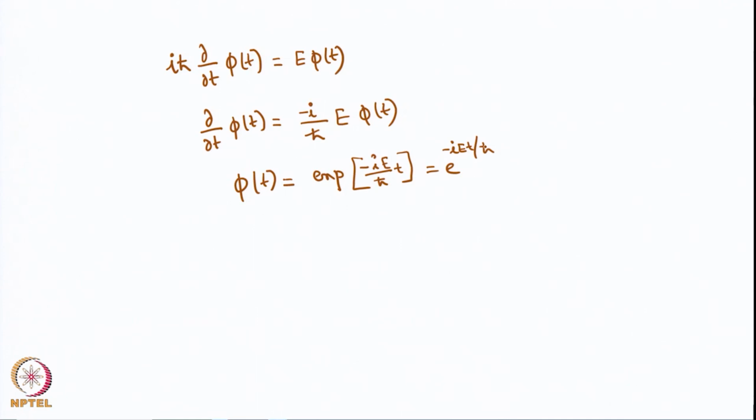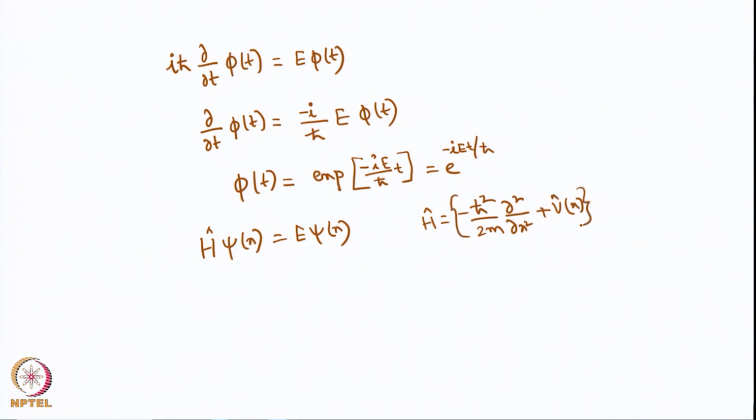Now, the other equation is H psi of x is equal to E psi of x, but my H is nothing but minus ħ square by 2m d square by dx square plus V of x. Solution to this is going to be much more complicated, and I have not solved it.